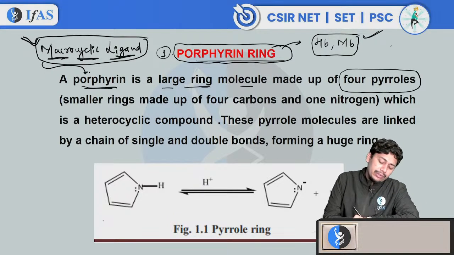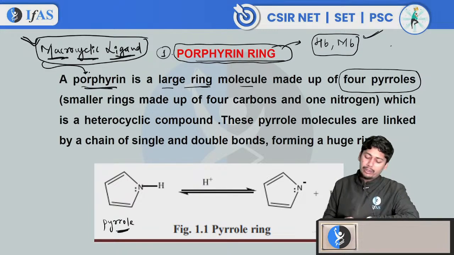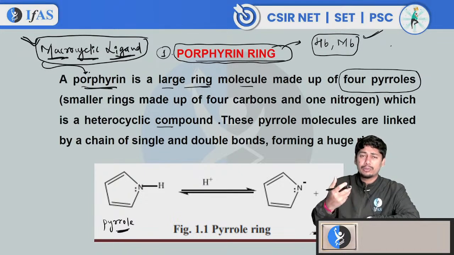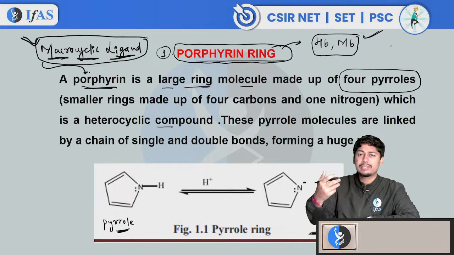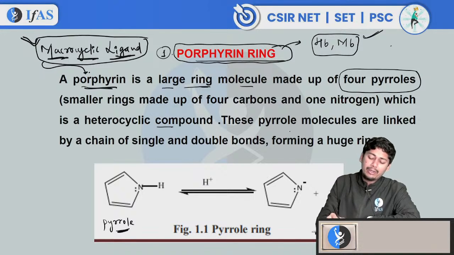You can see here, this is a pyrrole ring, which is a heterocyclic compound. Heterocyclic means different elements are present, heteroatoms such as nitrogen, oxygen and sulfur, apart from carbon.